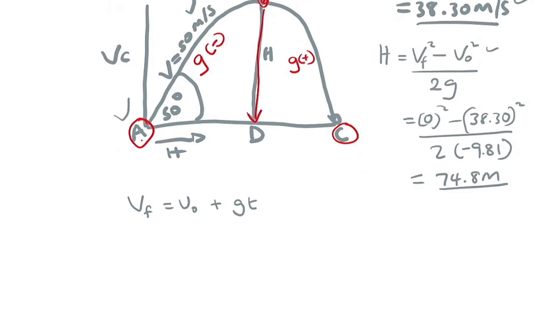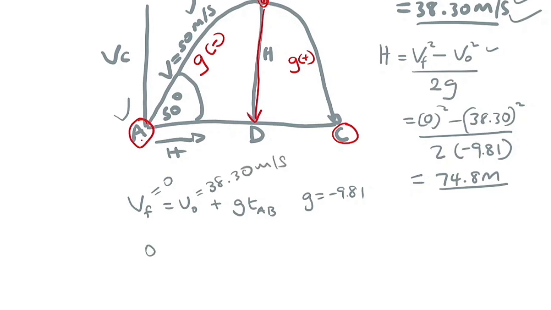Because we're talking about the time it takes from A to B, we'll put A to B here for time. The gravity, as we said, when the object moves up from A to B, is negative, so we'll use negative 9.81. On B the final velocity is 0. Then we'll use the vertical component velocity that we found, 38.30 meters per second.